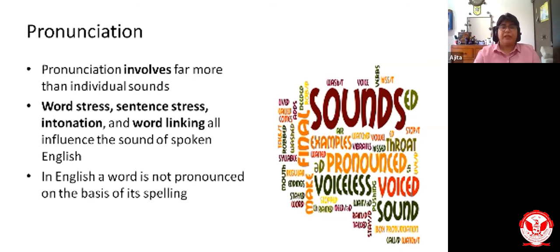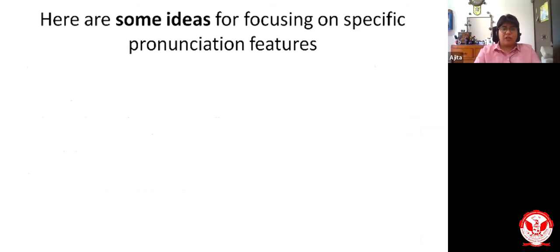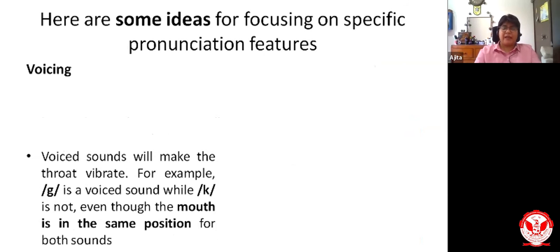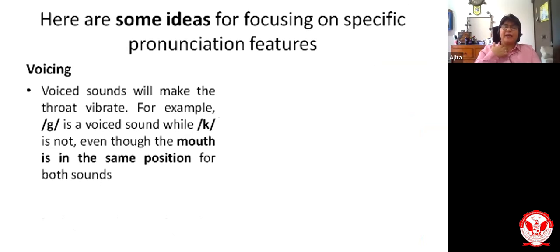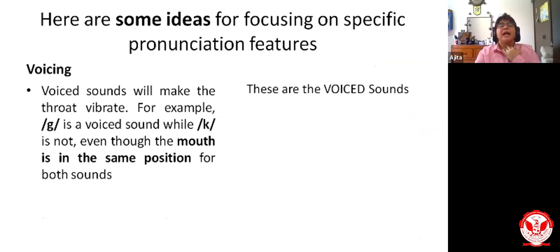Now, how we can focus on pronunciation is by this: when I pronounce words with g and k, if I put my hand, boys, you put your hand on your Adam's apple, and girls, you can put your hand in the middle of the throat, when you pronounce g and k you will see a vibration on the throat.